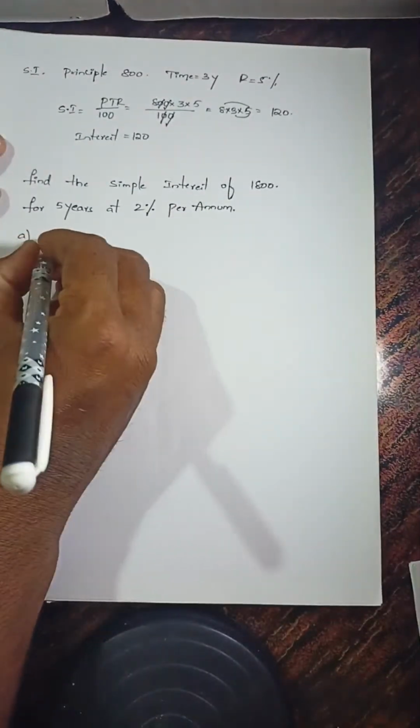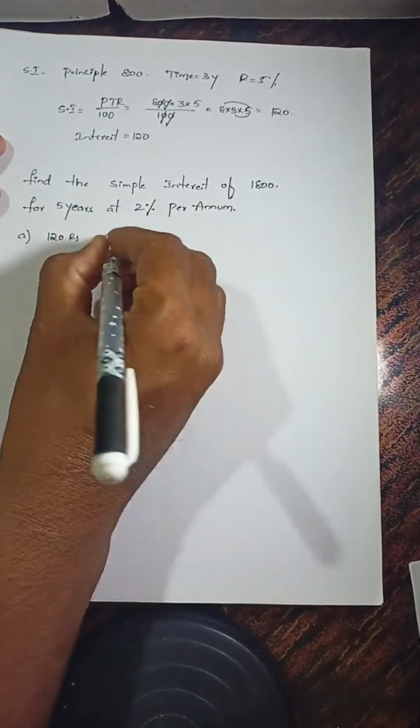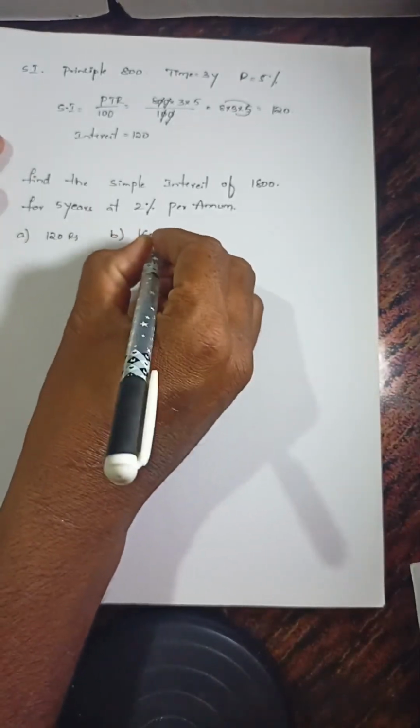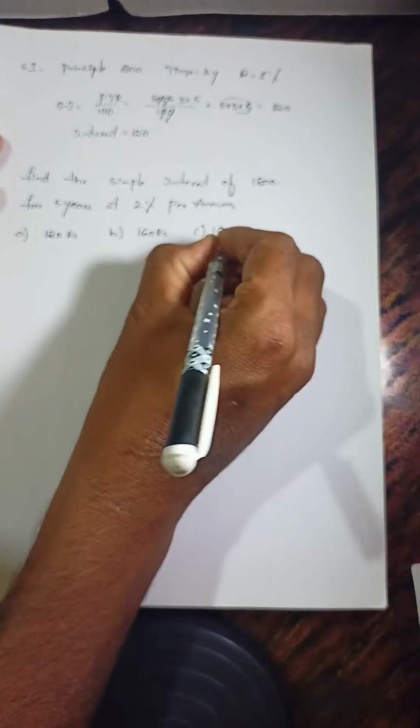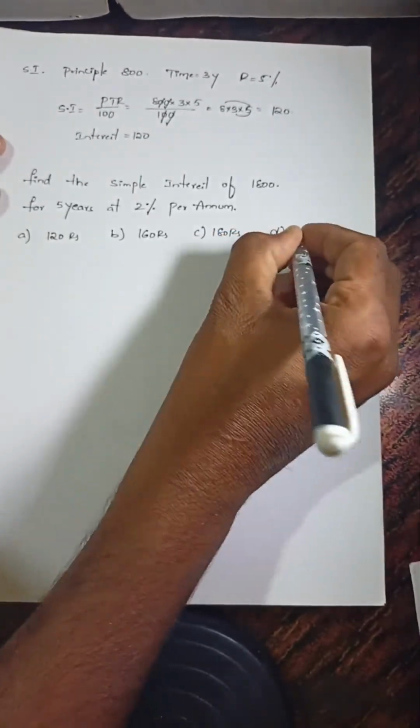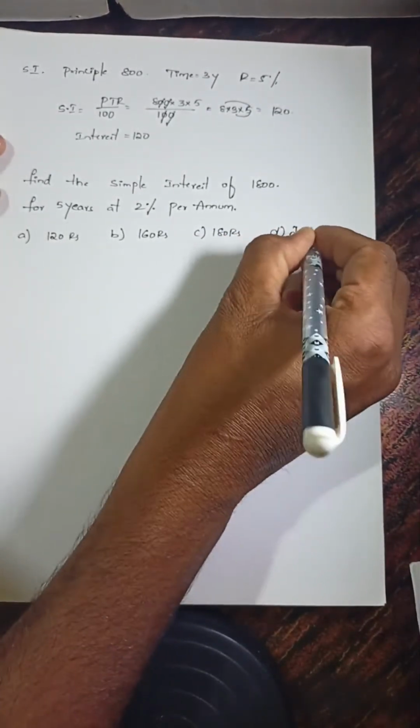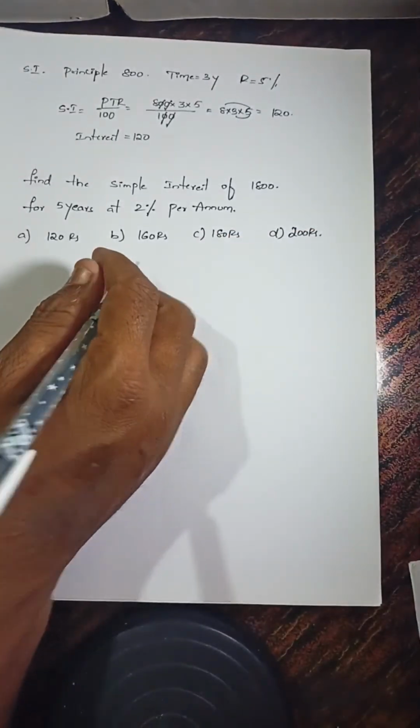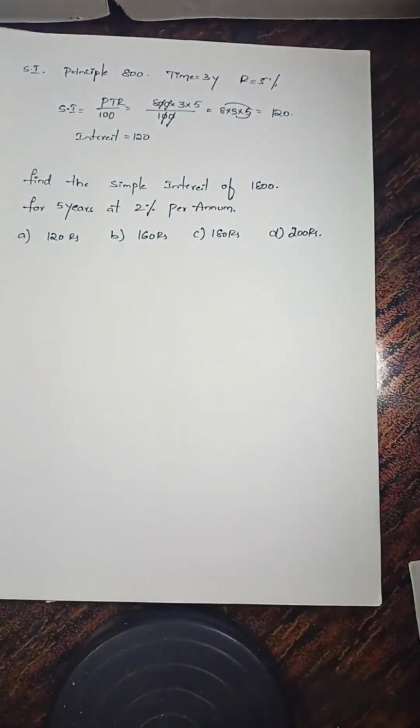Option A is 120 rupees, option B is 160 rupees, option C is 180 rupees, option D is 200 rupees. If you know the answer, please type it in the comment box.